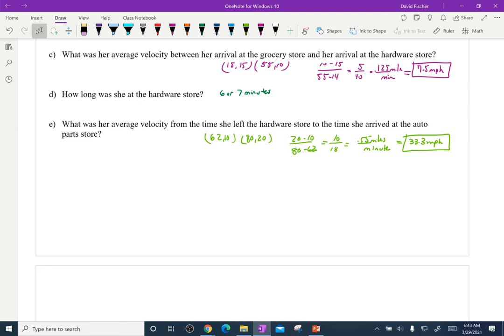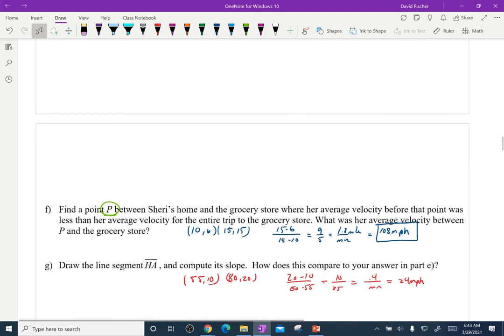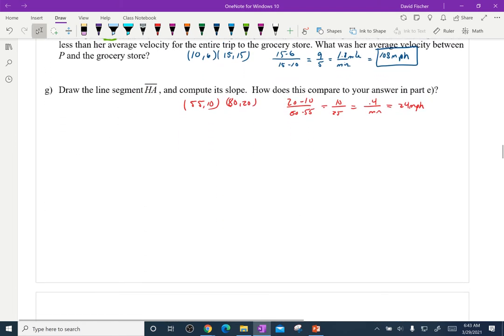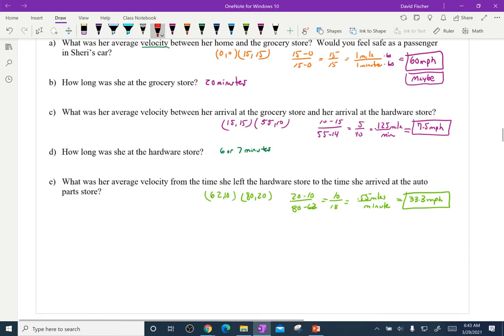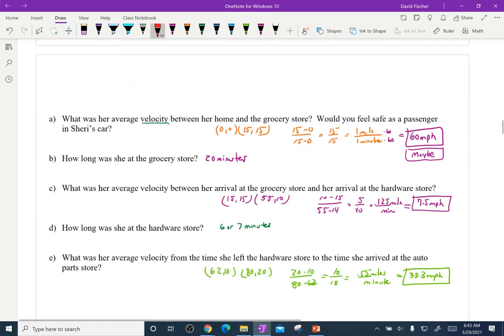She was going 33 miles per hour, which is what she was actually doing. But when we factor in her time at the hardware store, she's going slower. What was she at, the hardware store or the grocery store? I can't remember. Hardware store.